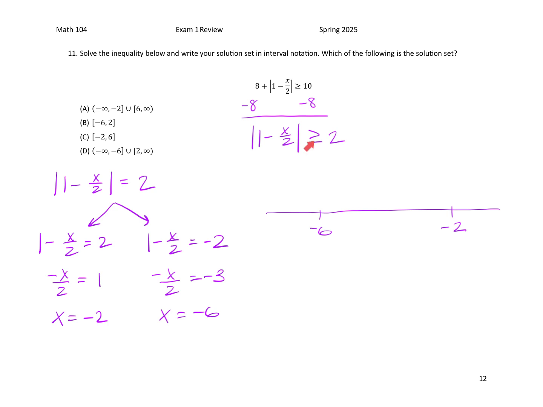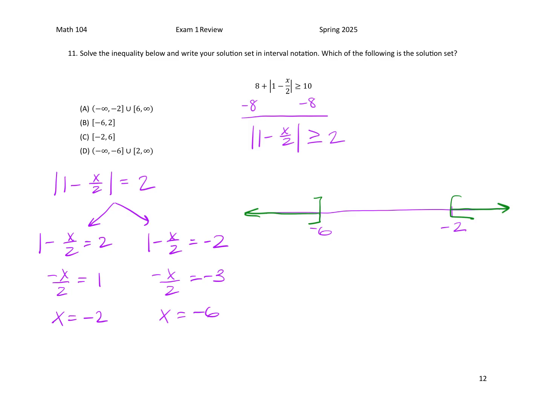Now, when you're dealing with a greater than absolute value inequality, the solutions are going to be outside the solutions to the equation. Okay, so I'm going to include the negative 6 and the negative 2 and shade everything that is not between them, everything outside of them.